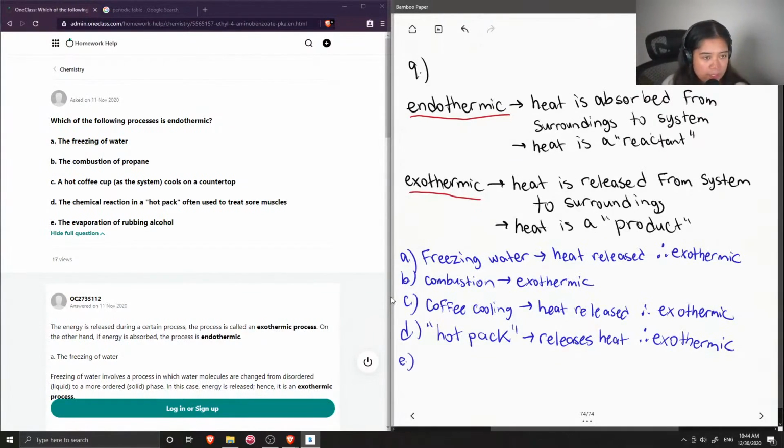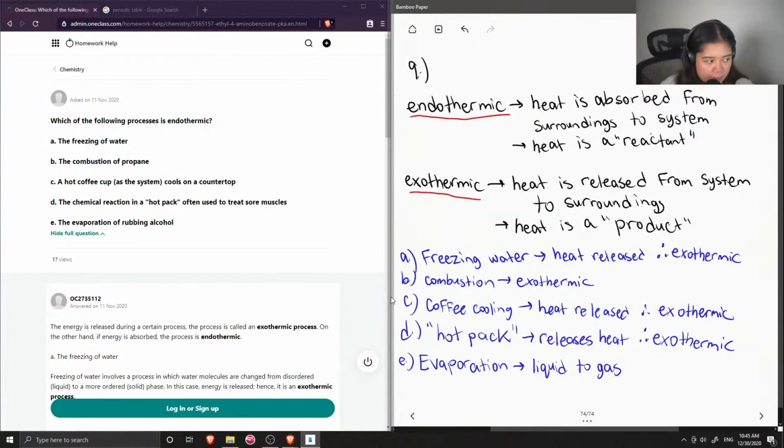So process of elimination, this is probably the endothermic one, but let's see what it says anyways. The evaporation of rubbing alcohol. So when we have an evaporation reaction, this is also the conversion of a liquid to a gas. So if we think about the conversion of liquid water to water vapor, when we boil the water, then this converts liquid water to a gas.